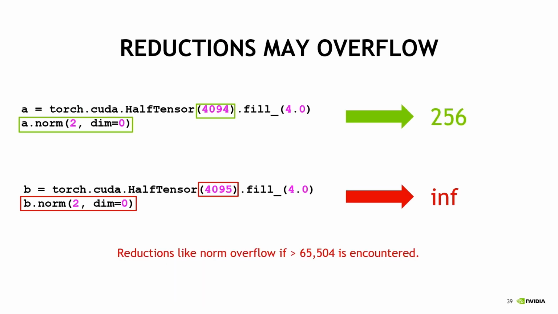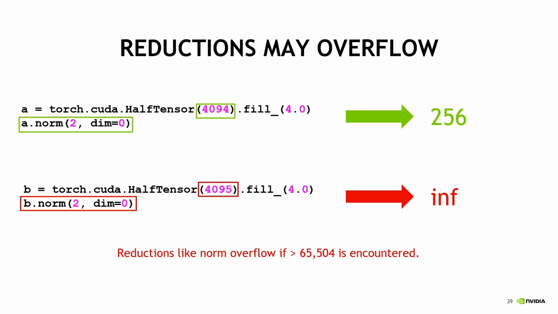The problem with reductions I mentioned before, and now just illustrating it in code, is that if we have too many relatively large values, it is a lot easier to overflow FP16 than it is FP32. So if we have 4,094 values of 4, and we try to compute a norm on it, at one point in the calculation of the norm, we actually overflow in FP16.